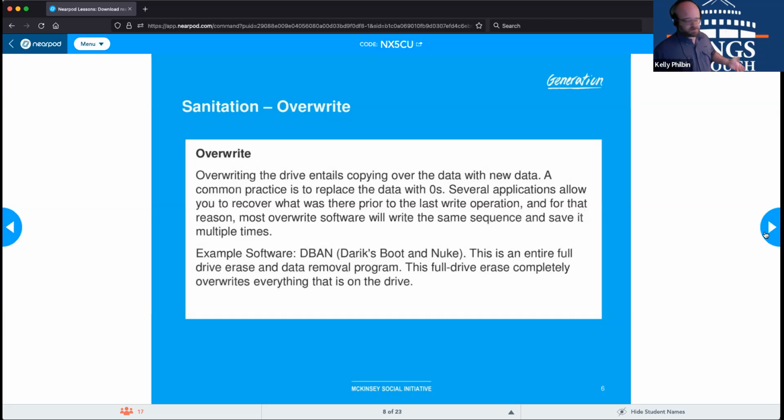unrecoverable or unusable. An example that they like to use on this is DBAN, which is Darik's Boot and Nuke. It came on basically a red USB stick that you would plug in, or a CD.